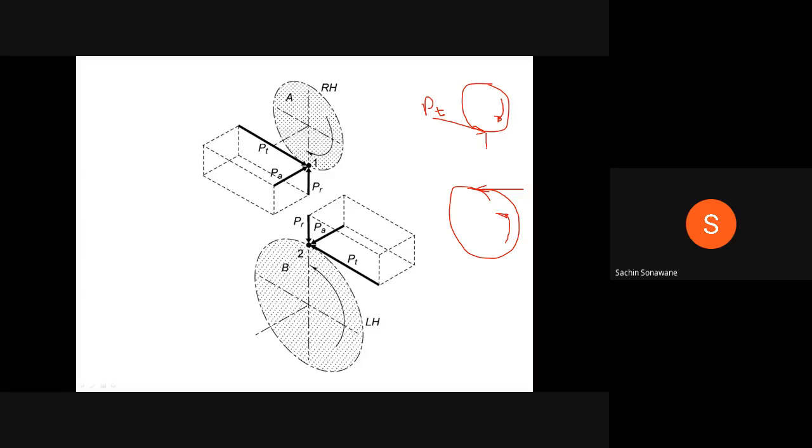Now radial force is known as separating force, and radial line always passes through the center. Therefore, this is PR.